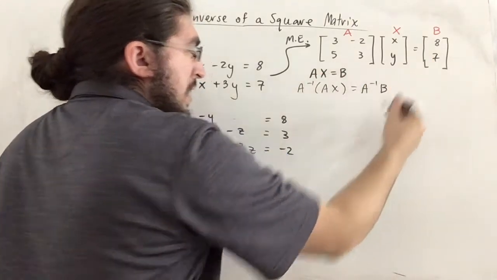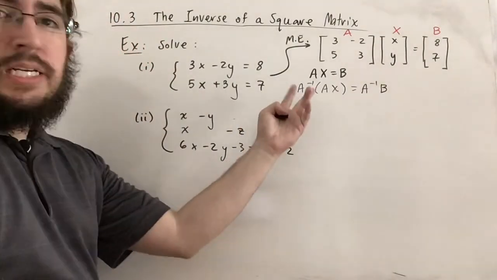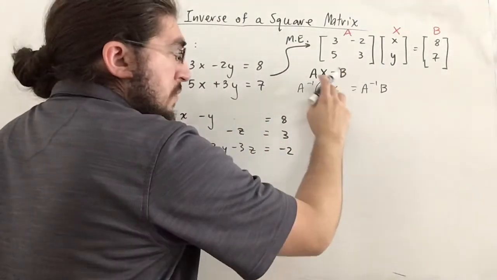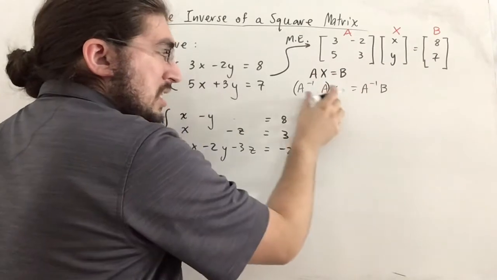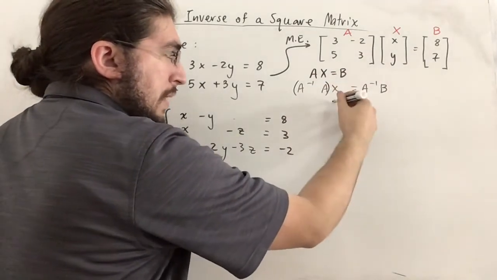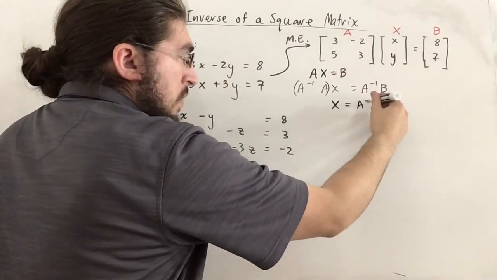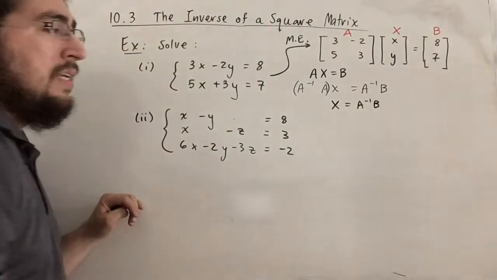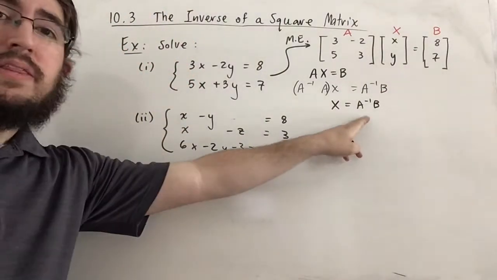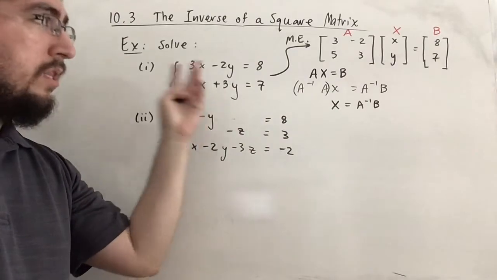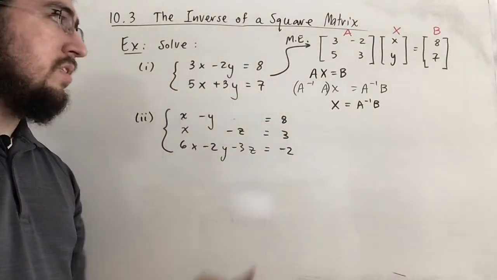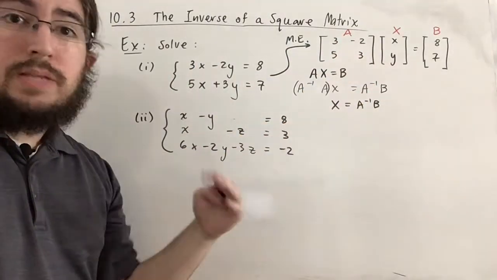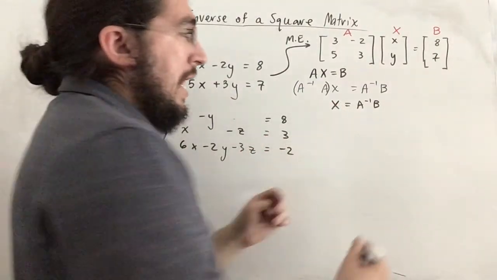We get this. Notice since matrix multiplication is associative, we can change these parentheses like that. This is just the identity, and the identity times any matrix is just itself, X. So we just get this. Perfect. And we know how to find the inverse of a 2 by 2, so we can do that really quickly. So this 2 by 2 we want to find the inverse of, and then multiply it to B. So that's really all we need to do to find out what X is.